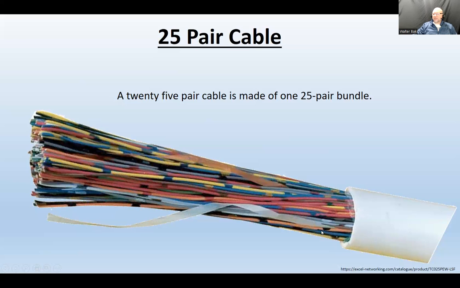Well, that's the bundle indicator designator, right? Now, if we have a 25 pair cable, we could just ignore that spiral wrap, cut it off and remove it, because this is just a 25 pair cable.